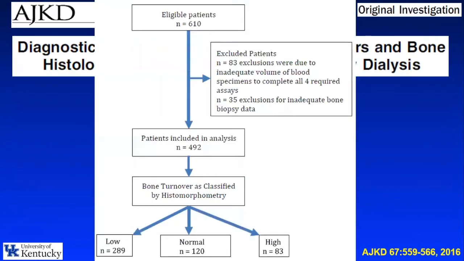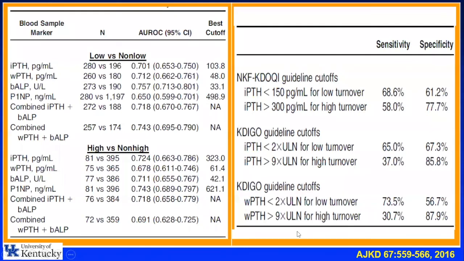The diagnostic accuracy of these biomarkers has been investigated in several studies. And this is a big study in which almost 500 dialysis patients were recruited and had bone biopsies. You can see low turnover bone disease was prevalent here, in more than about 60% of the patients, and a small fraction had normal bone, and another smaller fraction had high turnover bone disease.